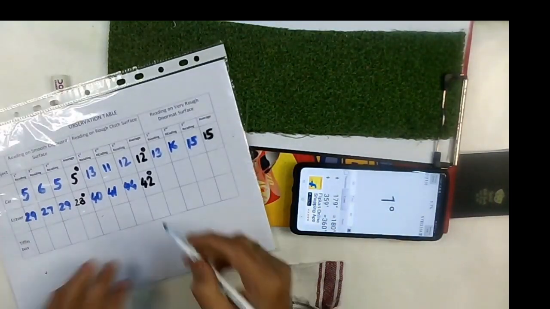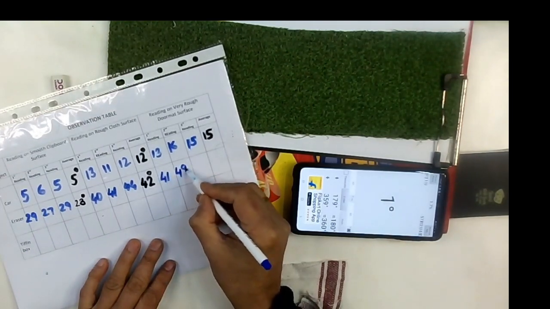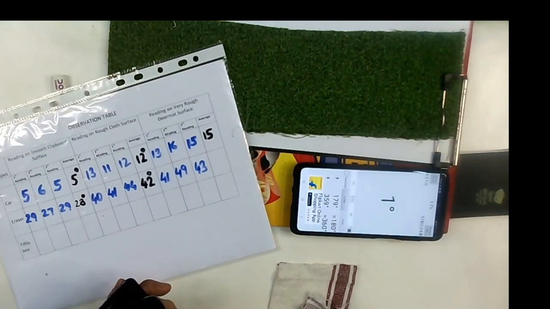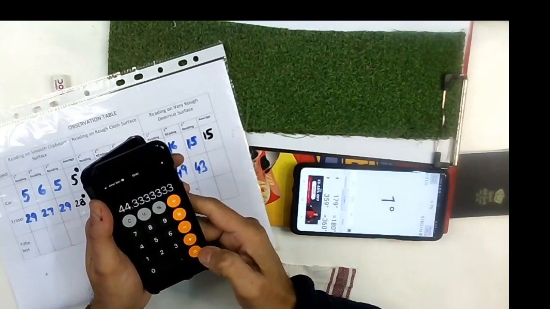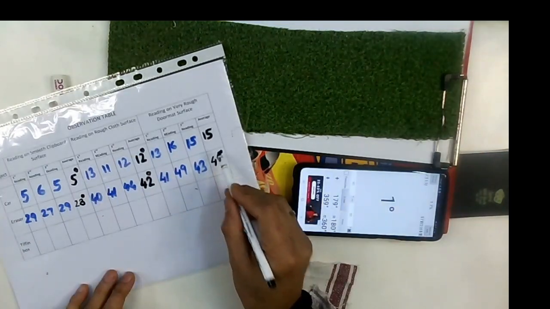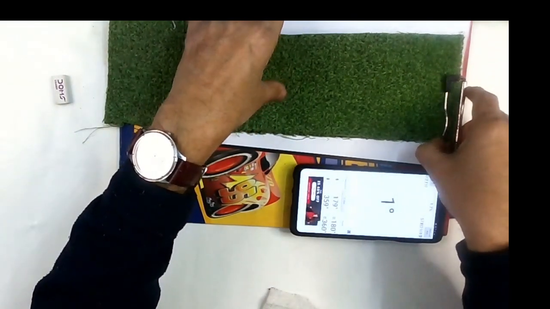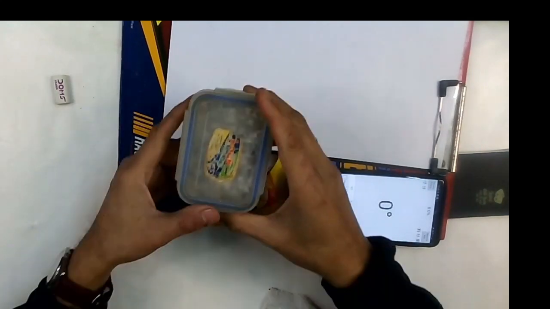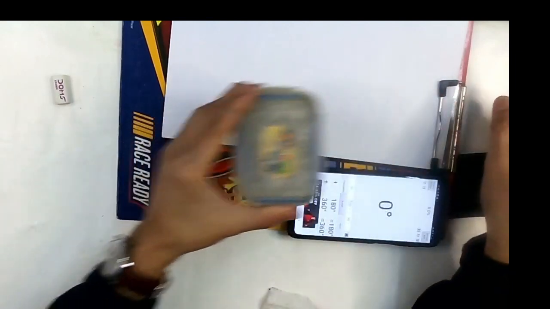So we write on the table 41, 49, 43. So basically you can see that we can do the experiment very easily. We don't need a big setup for it. Now I am taking a very simple thing such as a tiffin box.